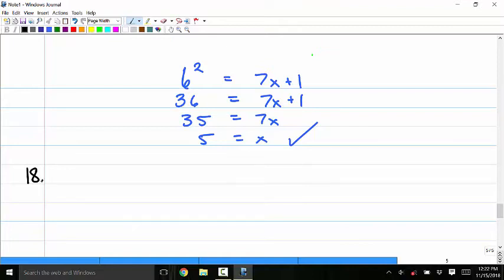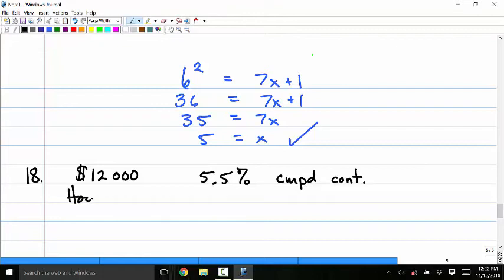to double. Okay, so you're going to invest 12,000 at 5.5% compounded continuously. How long to double? So you want 24,000.